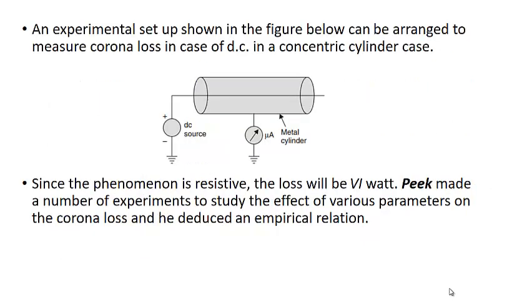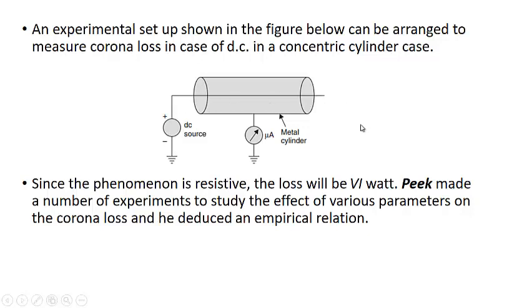An experimental setup shown in this figure was arranged by a scientist named Peek to measure this corona loss, but in the case of DC. He used a concentric cylindrical type of conductor in which a DC source is connected.